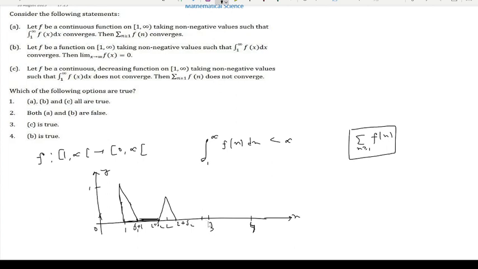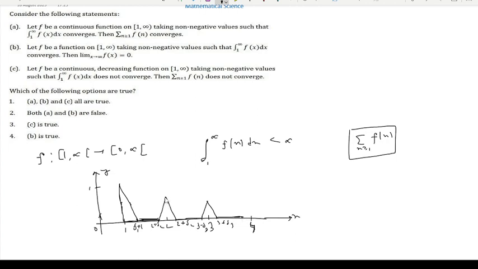Take here also 3 minus delta 3, and here 3 plus delta 3, and from 2 plus delta 2 to 3 minus delta 3, f(x) is again 0, and then from here it increases, at the point 3 it reaches a local maximum, and then again it decreases to 3 plus delta 3, and so on. In this way the function may be constructed.